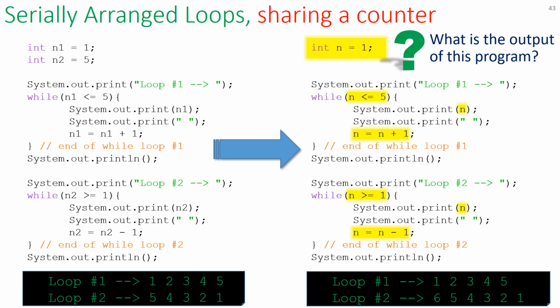N is 6. Rewind. Is n less or equal to 5? False. Get out of the loop. Display a println, so that gets me here, ready to print on the next line. Print loop 2 a row. N is greater than 1. Yes, 6 is greater than 1. And then so on and so forth. So 6 gets displayed here, and then so on and so forth, right?